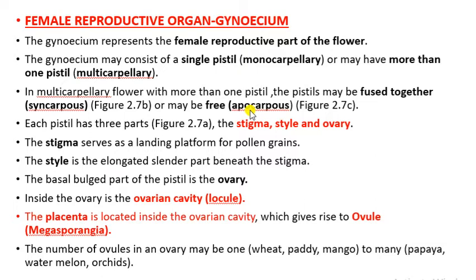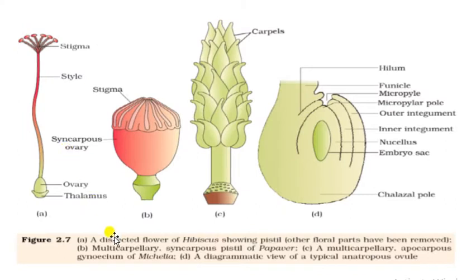If you see the diagram shown here, diagram B is a multicarpellary syncarpous pistil, that is fused pistils of Papaver, whereas diagram C shows a multicarpellary flower, an apocarpous gynoecium of Michelia, where the pistils are free.